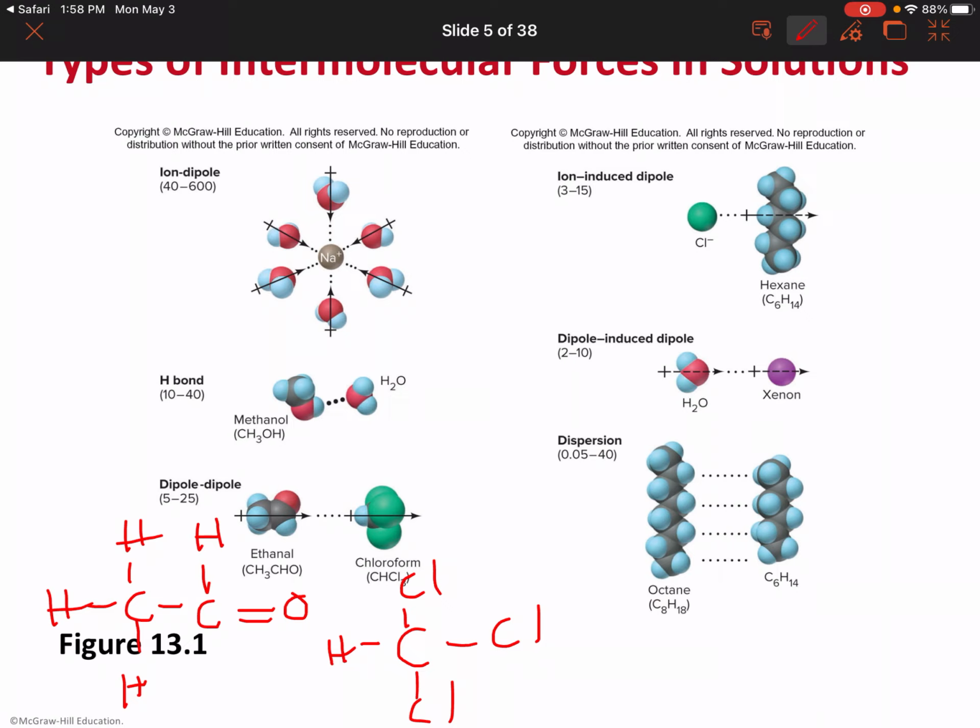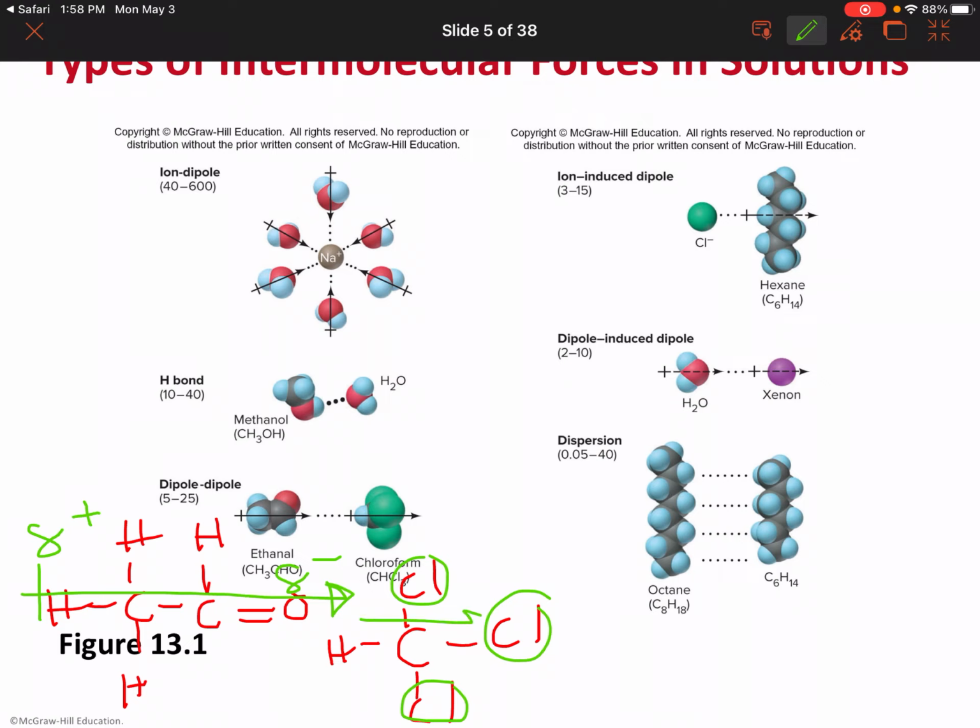Okay, so this ethanal molecule has a dipole because there is a difference in charge distribution. Oxygen is electronegative. So if you draw the dipole, the arrow would point towards oxygen and this side would be positive. Delta negative, delta positive. And similarly, in chloroform, the chlorines are all more electronegative compared to the carbon end.